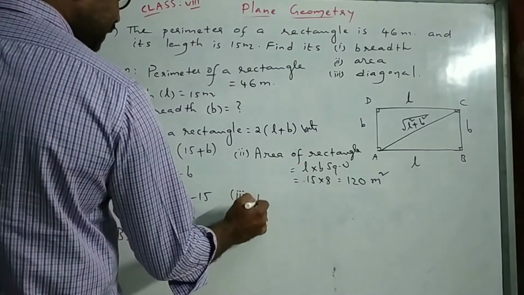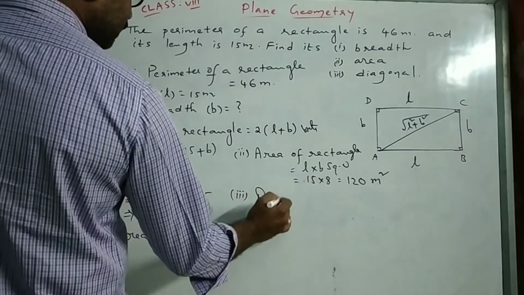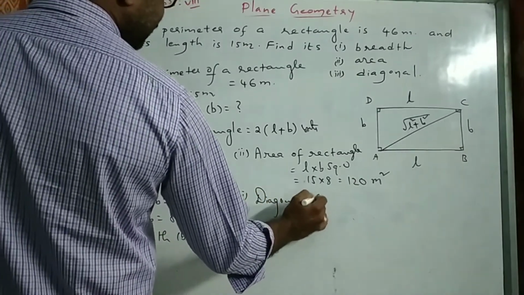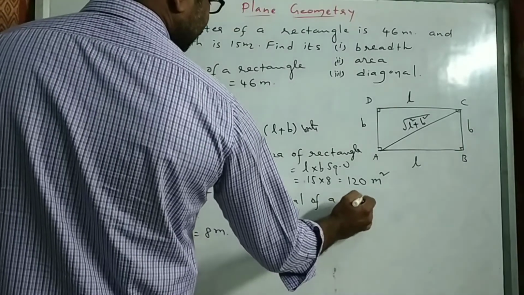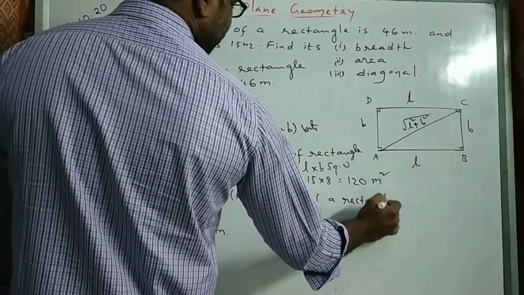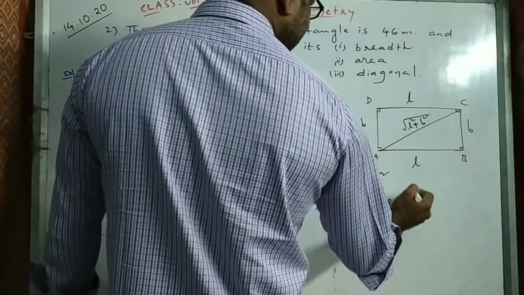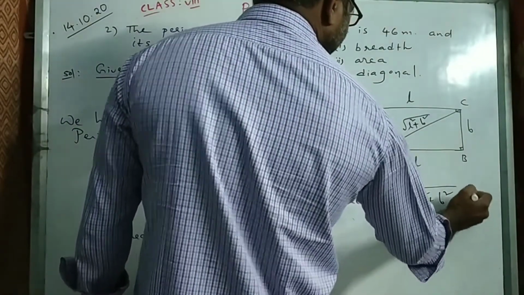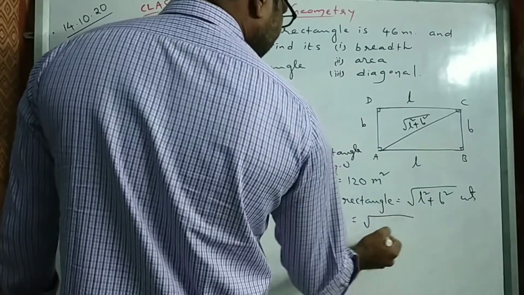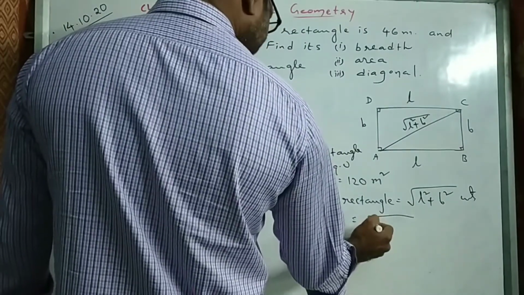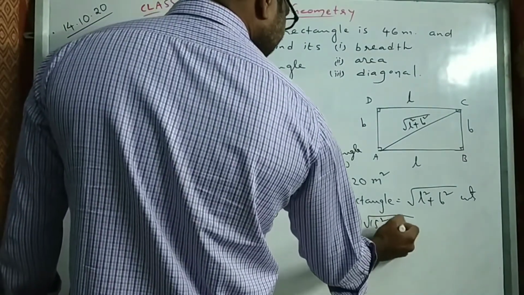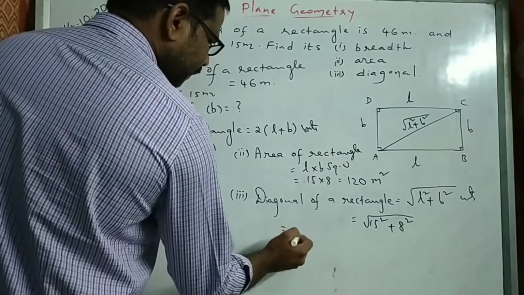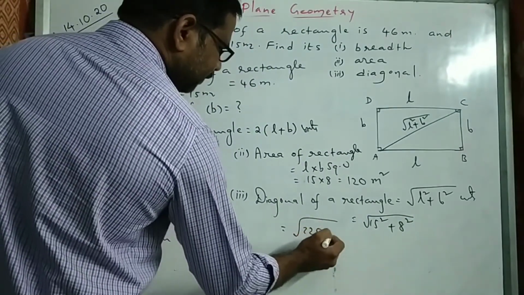Third question, diagonal. Diagonal of rectangle equal to, what is the formula I told you? Square root of L square plus B square units. So square root of L square means 15 square plus breadth square means 8 square. 225, 15 15s.